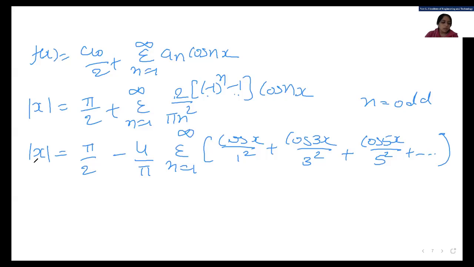So if we put x equal to 0 both the sides, then this is 0, this is pi by 2 minus 4 by pi. And if we take 0, cos 0 is 1 as you know.